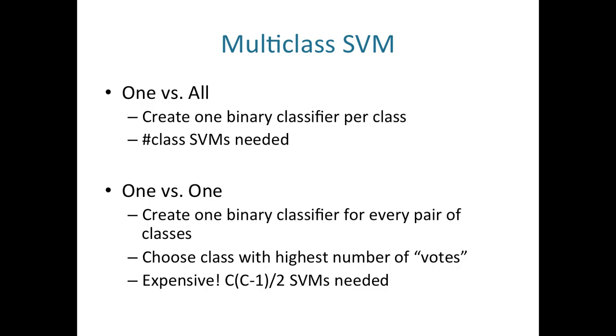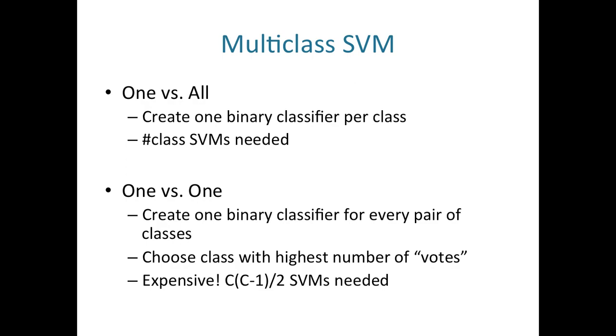On the other hand, the one versus one approach creates one binary classifier for each pair of classes. So it would create one binary classifier for A versus B, one for A versus C, one for A versus D, one for B versus C, and so on. Once you have all these classifiers, the label with the highest number of votes is the final label that wins.